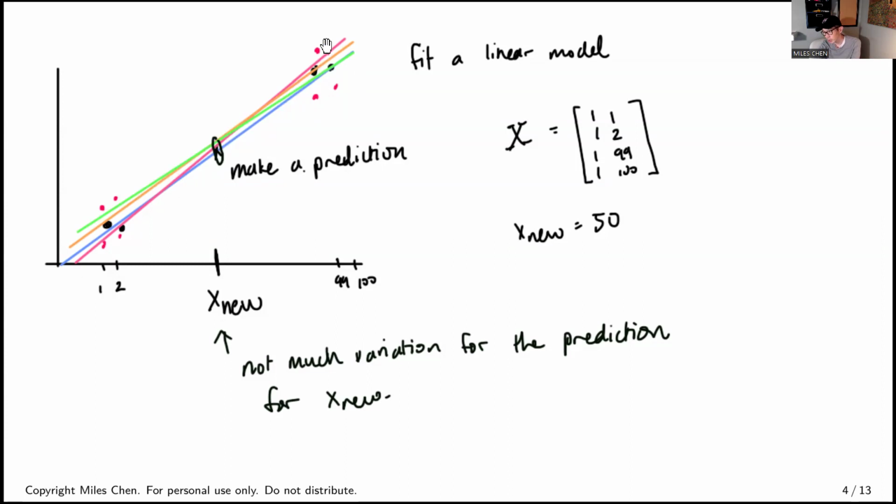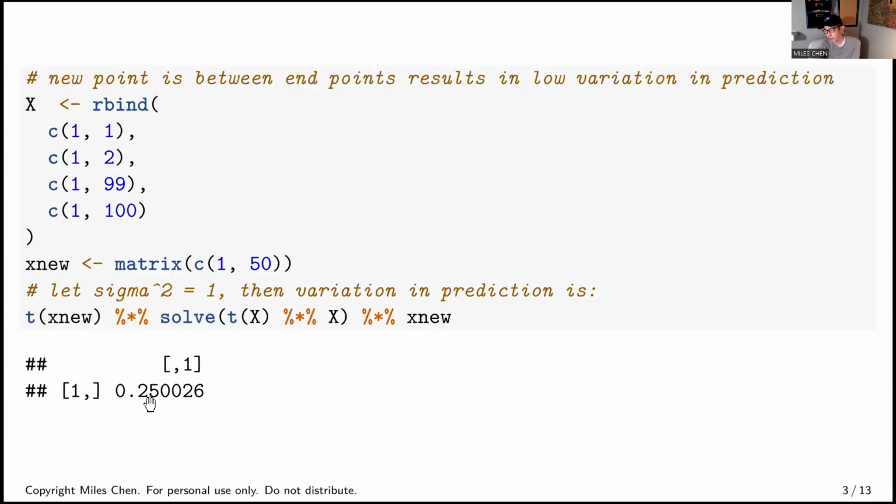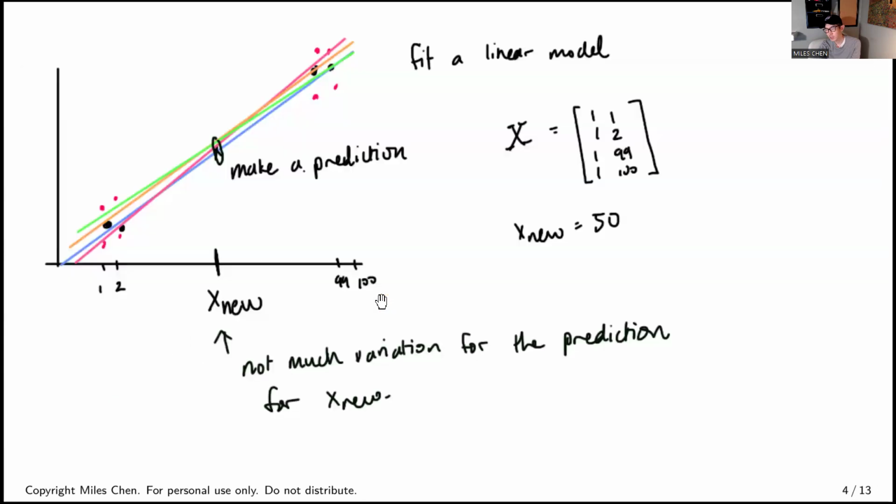Somebody else fits another line and gets something else. You can see that if you're trying to make a prediction when x new is around 50, the amount of variance we exhibit is quite small. It's only around 0.25, right?